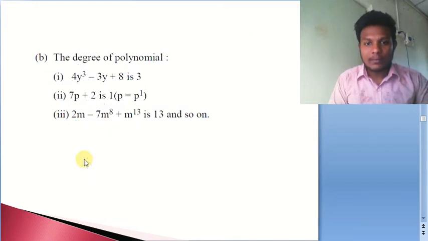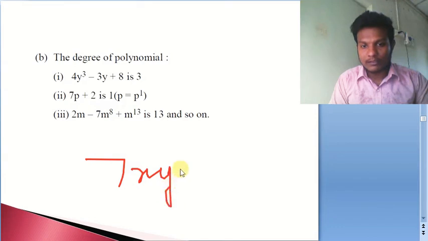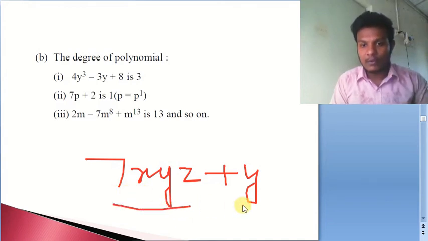For example, our polynomial is, let us say, 7xyz plus y. There are two terms in the polynomial: 7xyz is one term and y is one term. Now see here, y power 1 is there, z power 1 is there, and x power 1 is also there.